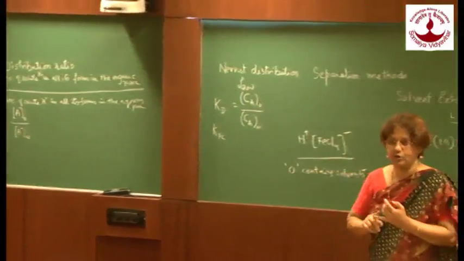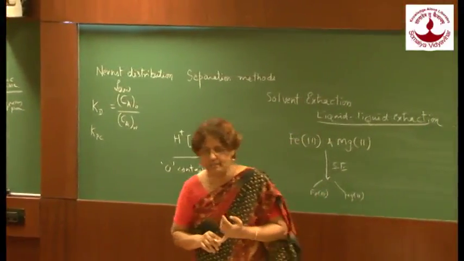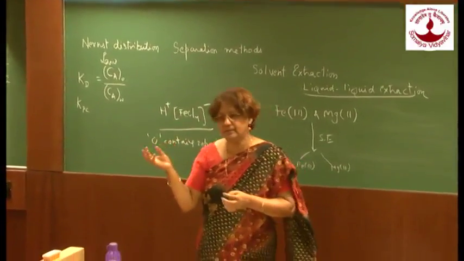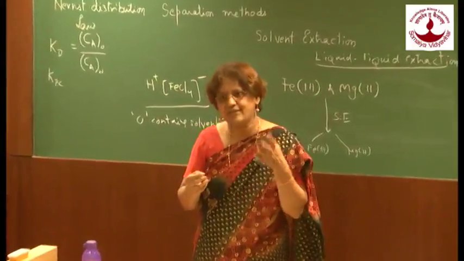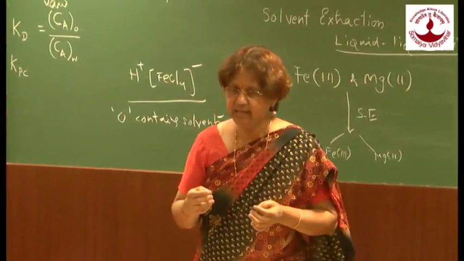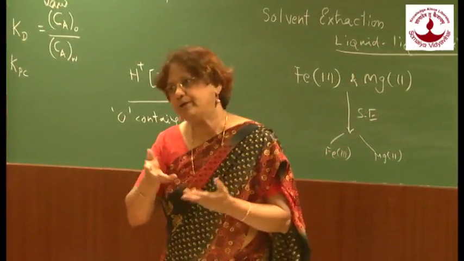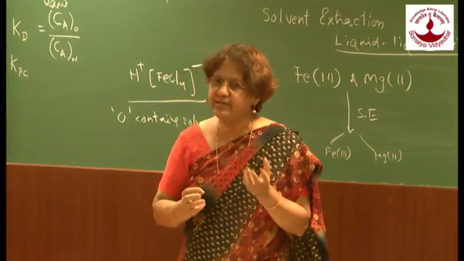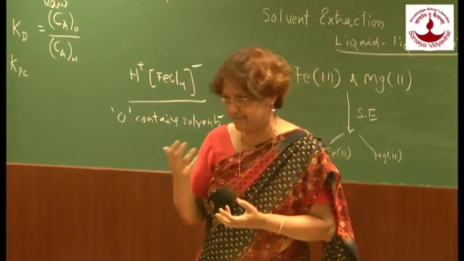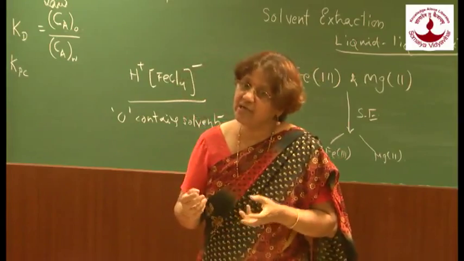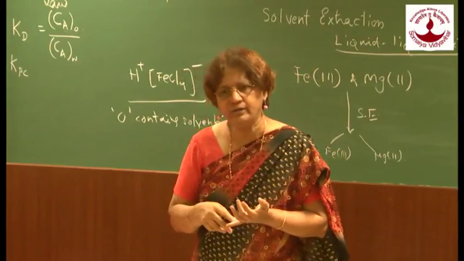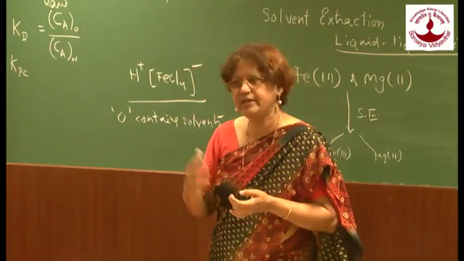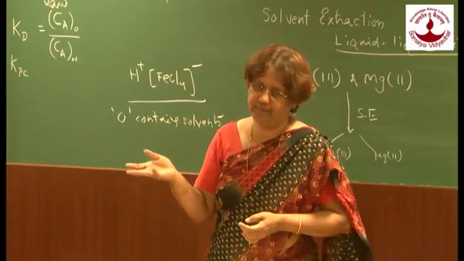So that is recovery of the solute by the backstripping method. Now supposing there is a complex like nickel DMG which itself has a color, we can adopt a direct spectrophotometric method. Whenever a metal complex being extracted has a chromophoric group, either UV absorbing or absorbing in the visible region, we can do a direct photometric method.